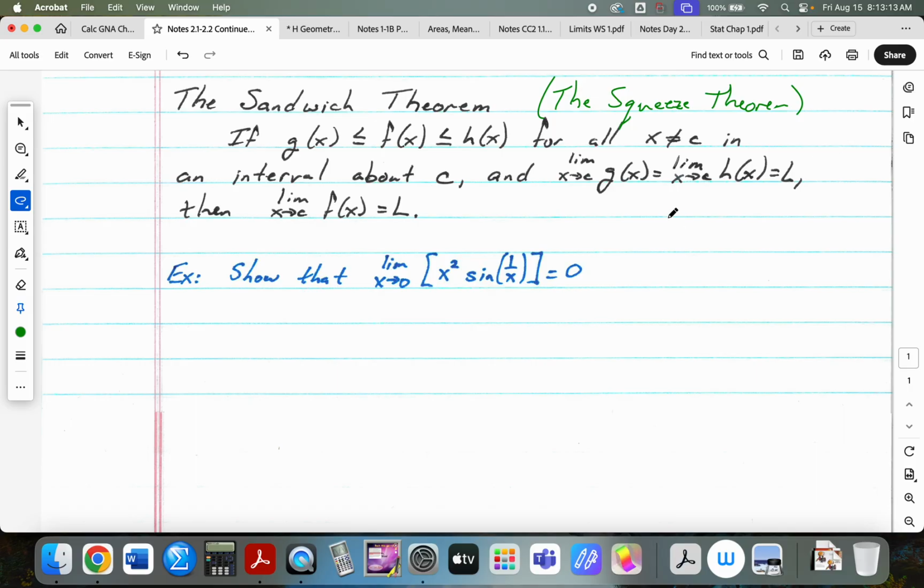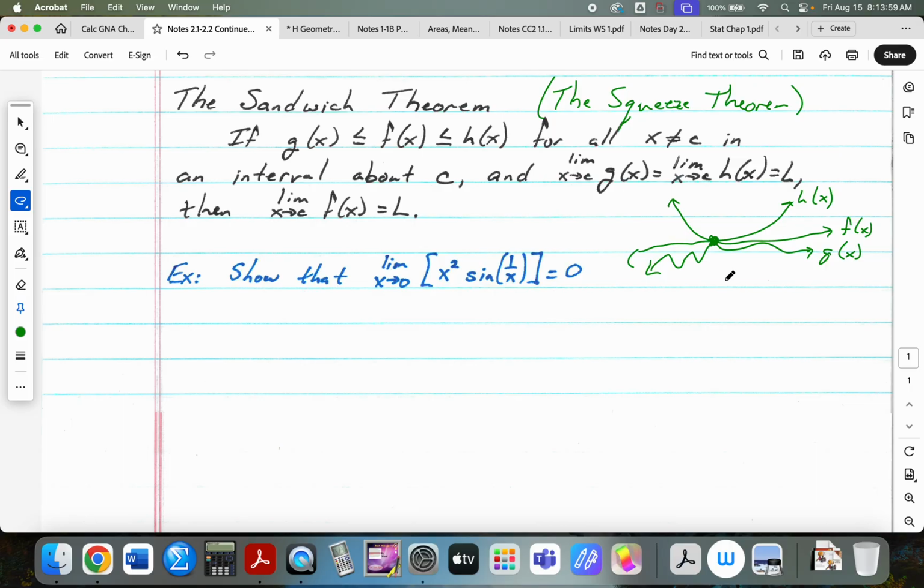So basically what we've got here is I'm going to draw a simple picture. You don't need to draw it if you don't want to, but like this is h of x and this is g of x, sound effects are optional, and f of x is somewhere in here, then right here where the top one and the bottom one go to the same value, at that point f of x has got to go to the same value as well.